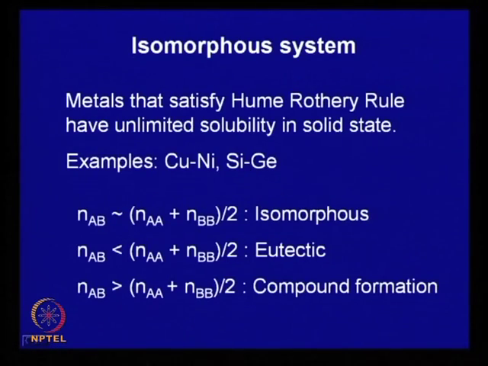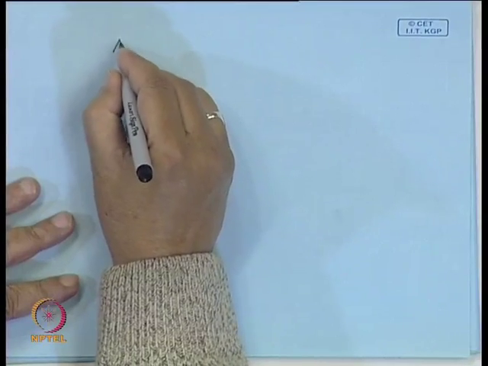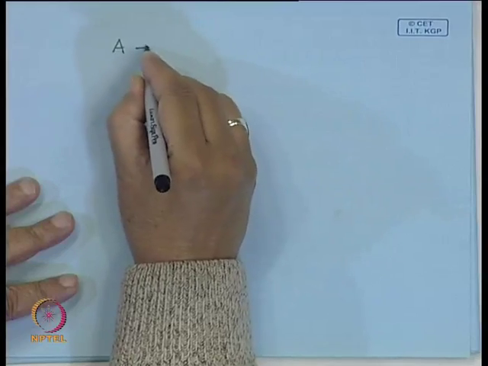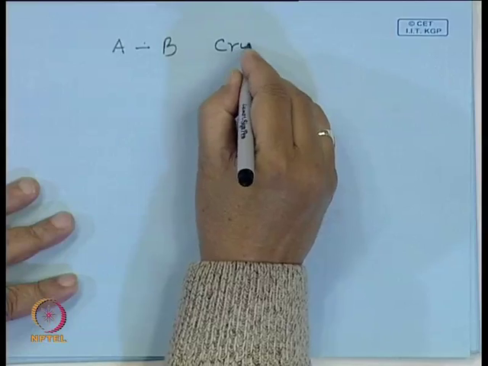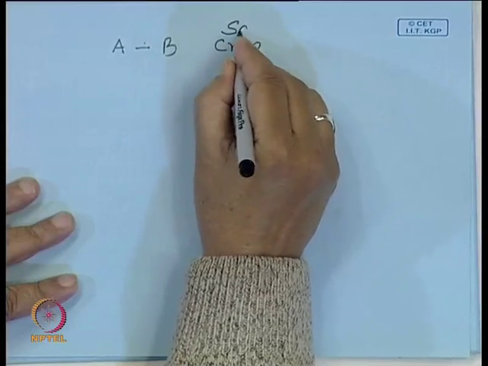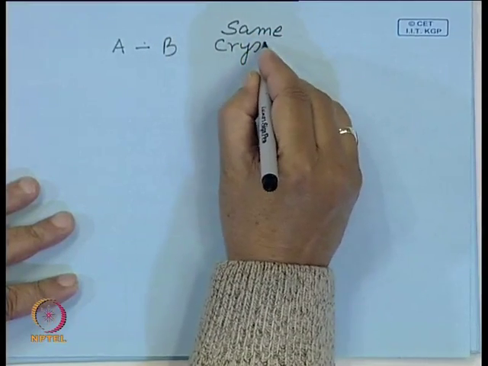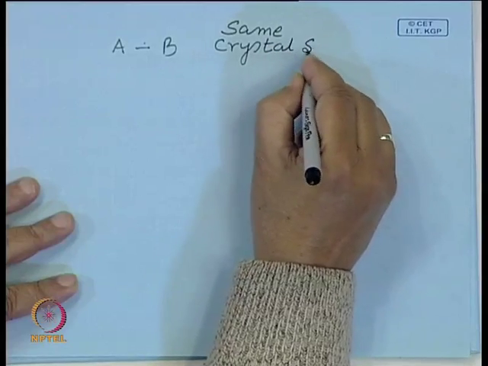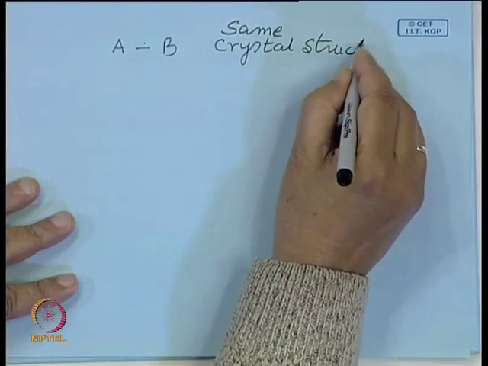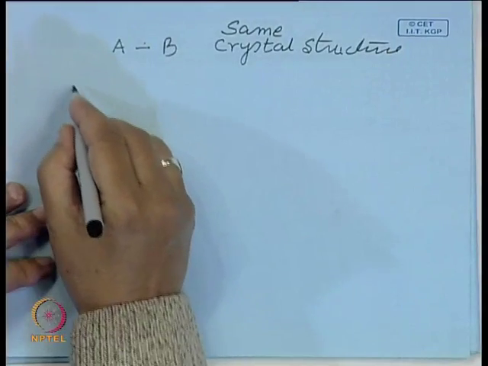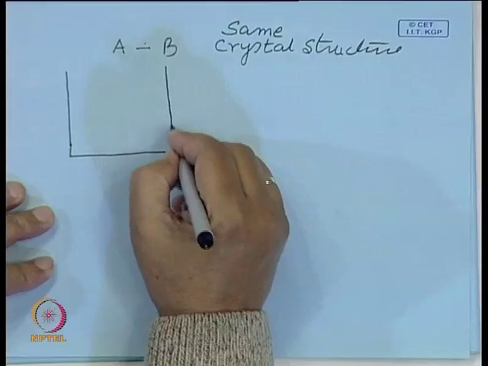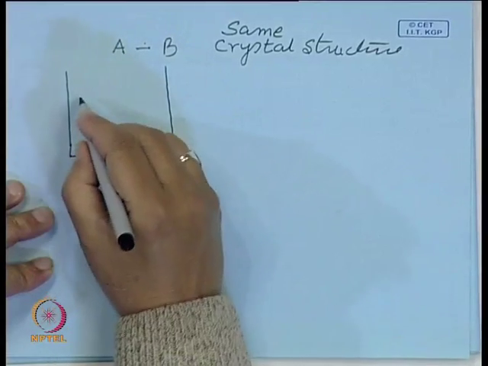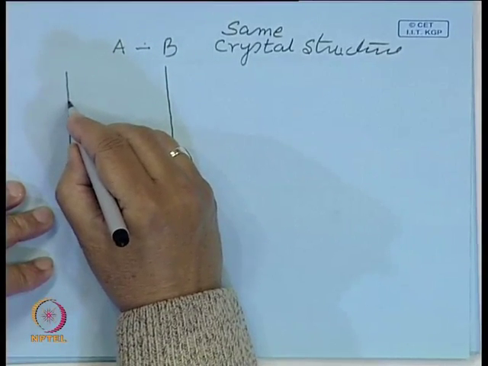Suppose the two metals A and B have the same crystal structure, and the atomic diameters are within plus minus 15%.